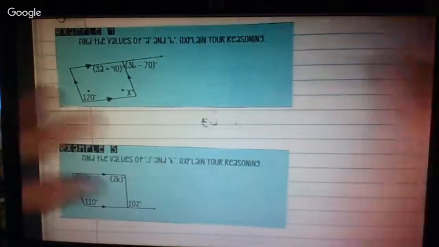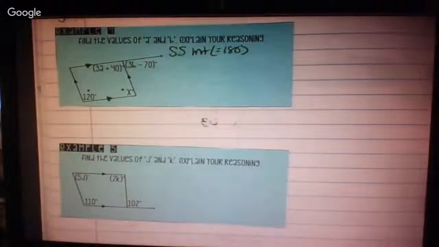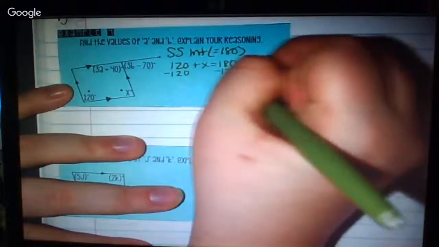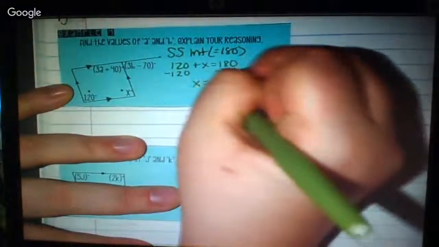So these are same side interior angles, which, yes, means they're equal to 180. So 120 plus X equals 180. Subtract your 120 from both sides, which means X is 60.